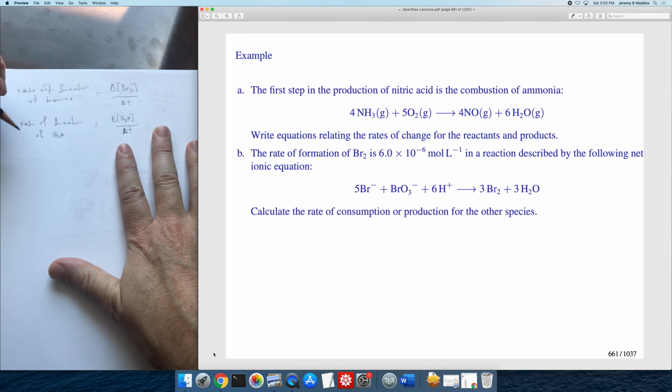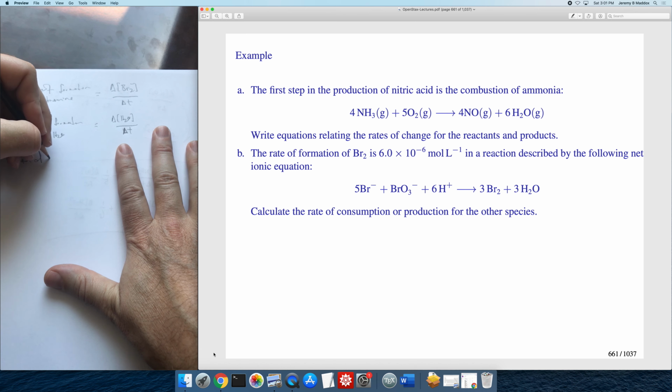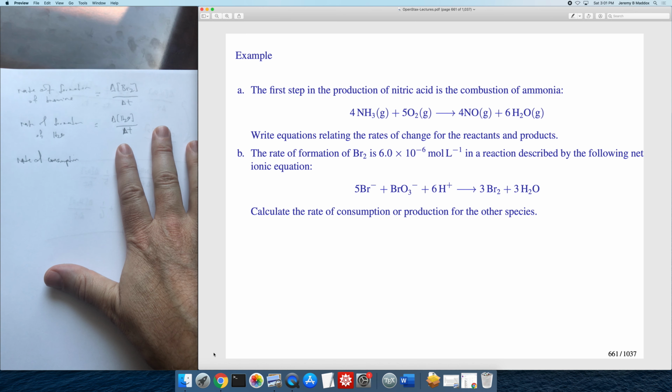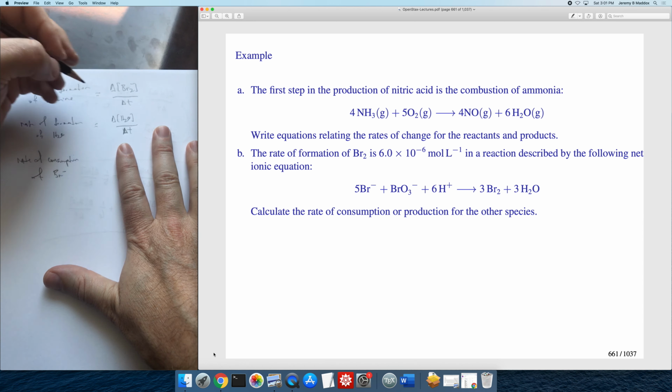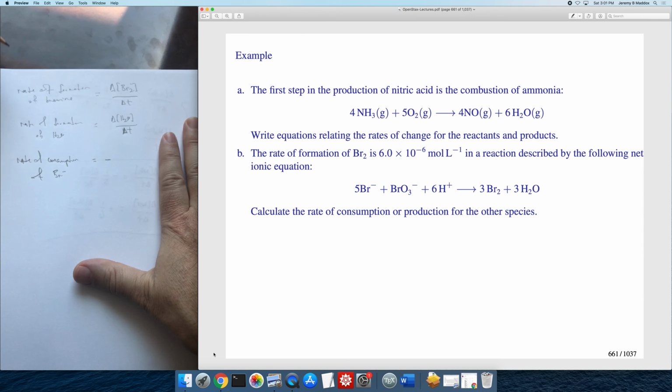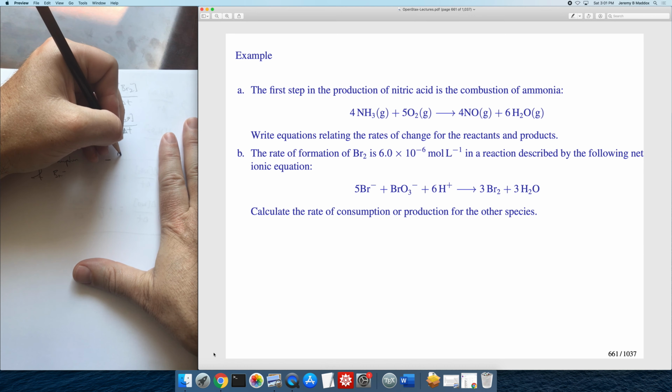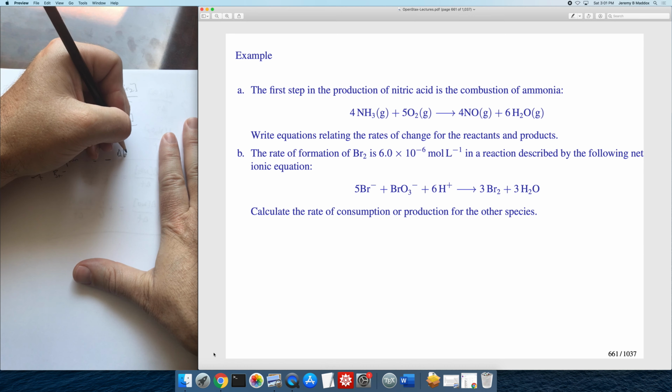Let's do rate of consumption. Rate of consumption. Let's choose the bromide. That, we include the minus sign, but we don't include the stoichiometric coefficient.